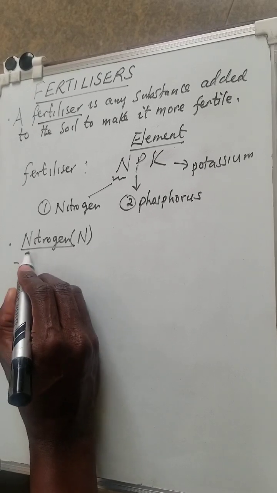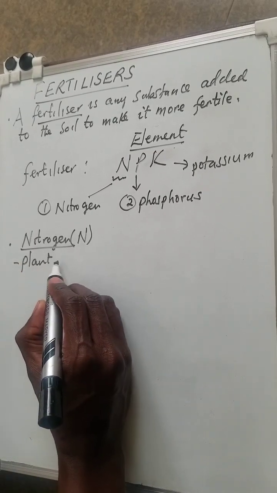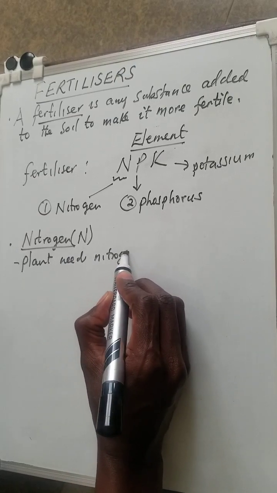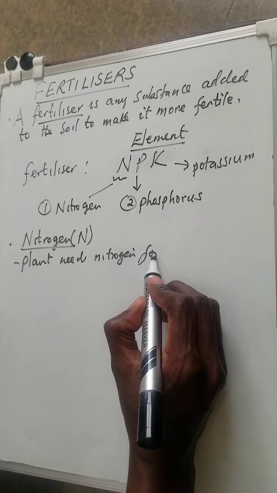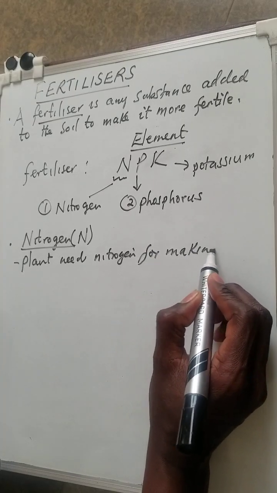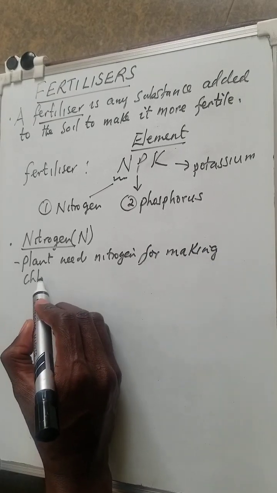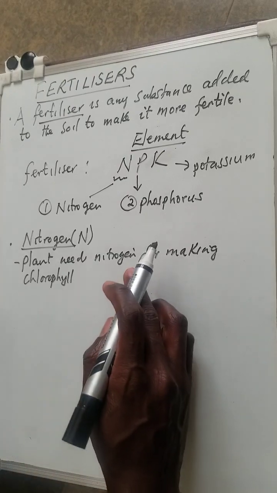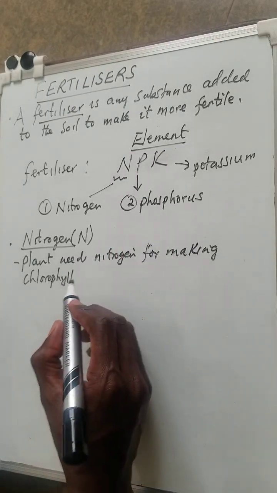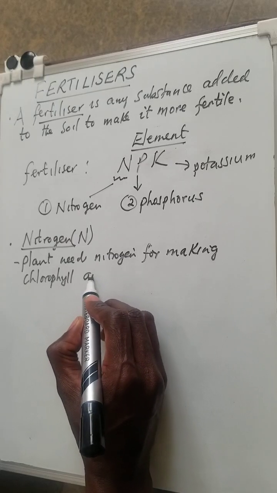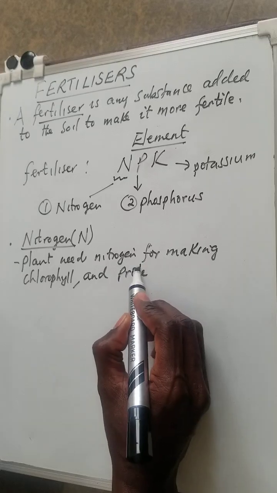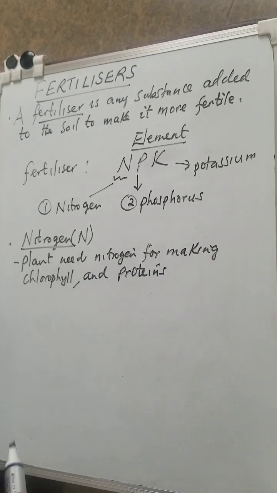Chlorophyll is the green pigment found in plants. So plants need nitrogen for making chlorophyll and proteins. They need nitrogen to do that.